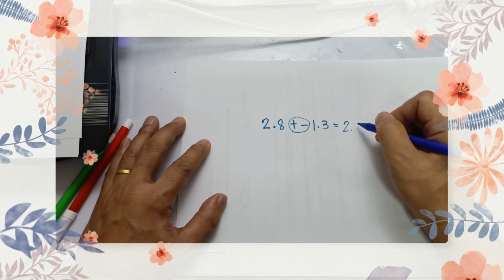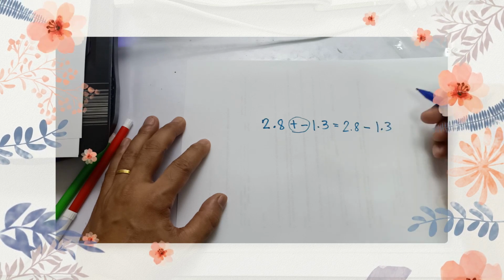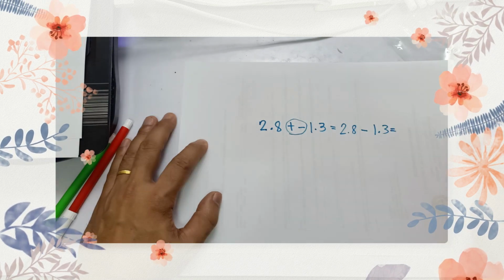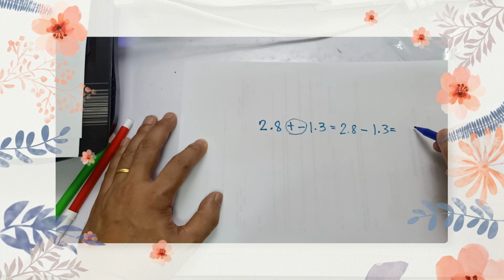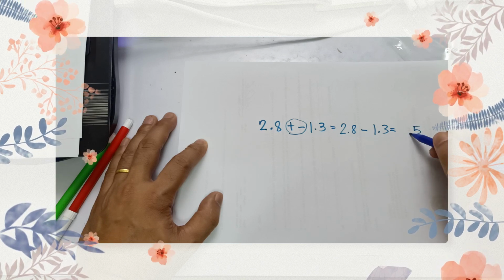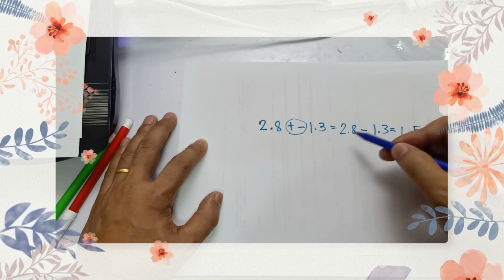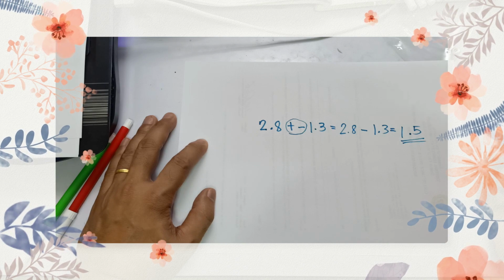So 2.8 minus 1.3. What is 8 minus 3? That is 5. And then put your point there. 2 minus 1 is 1. So 2.8 minus 1.3 is 1.5.